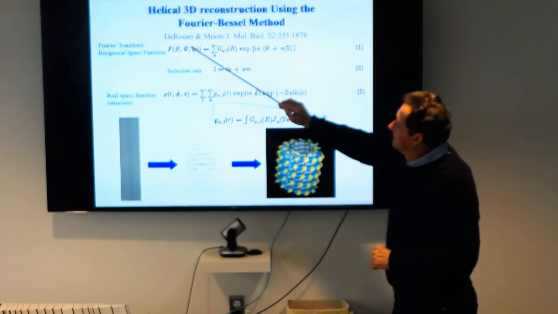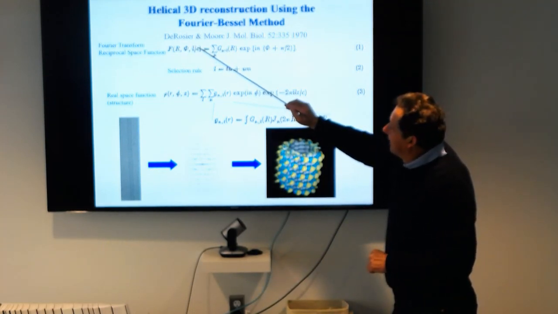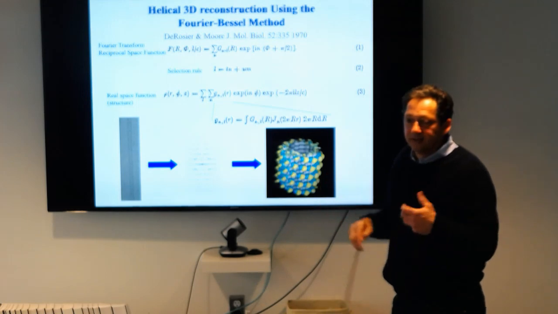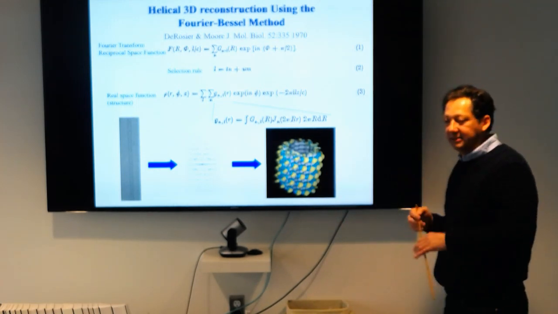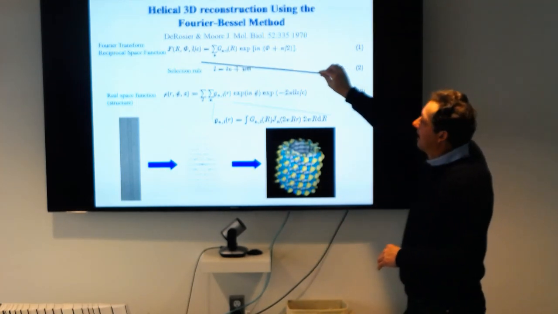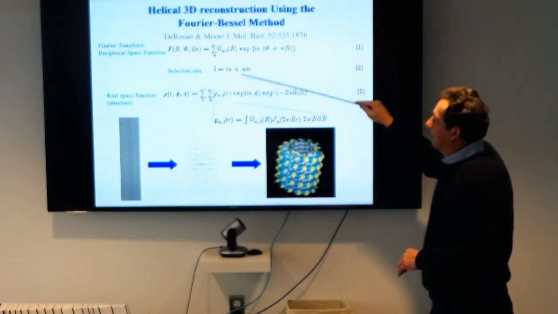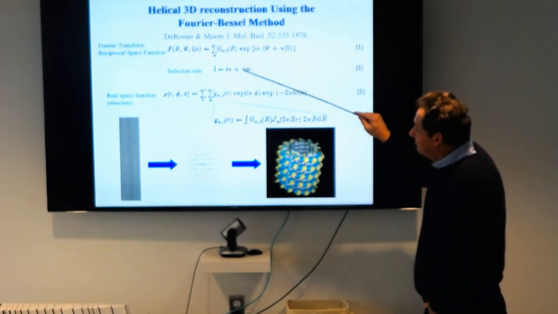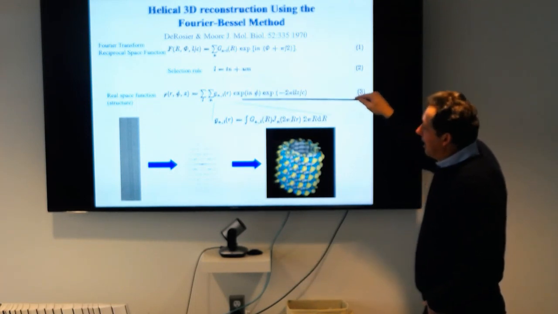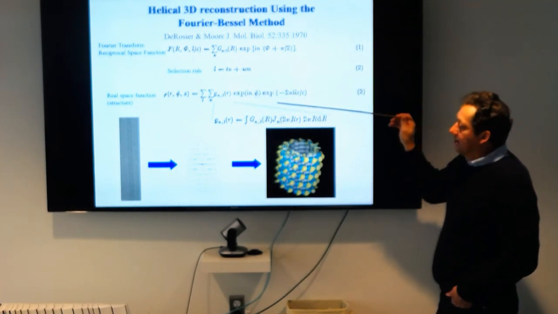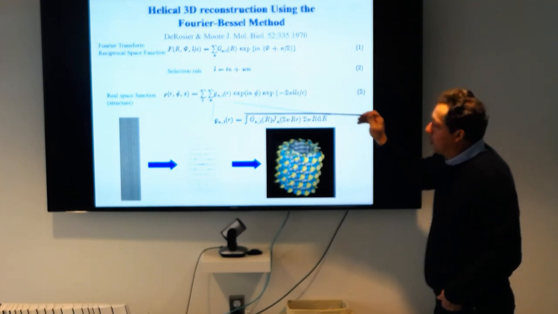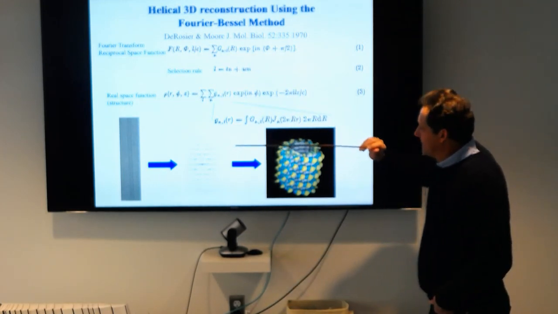So these are integers, and C will be the reciprocal of the repeat distance. That means you're going to have one of these terms for each layer line. And the idea will be that you then do an inverse Bessel Fourier transform to actually obtain this from the diffraction pattern.